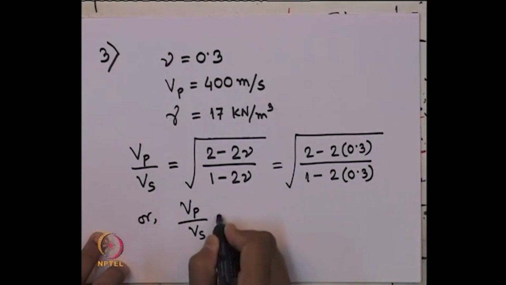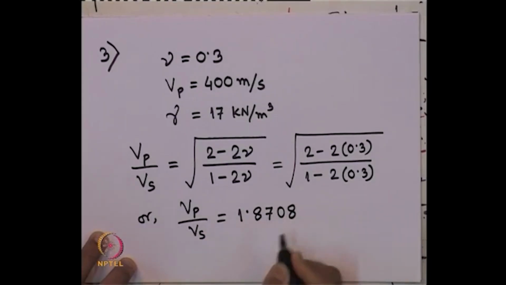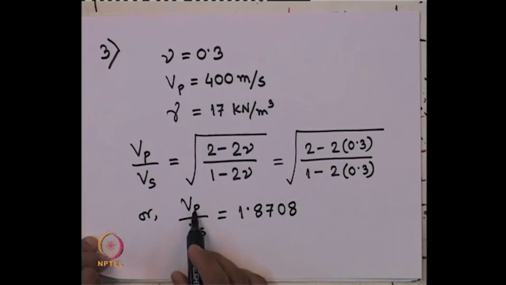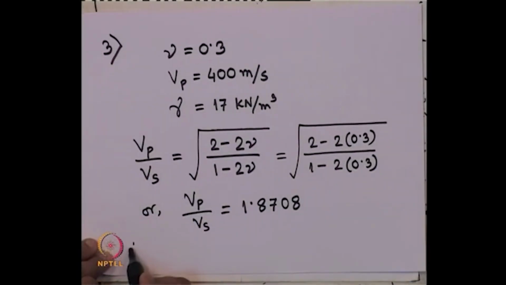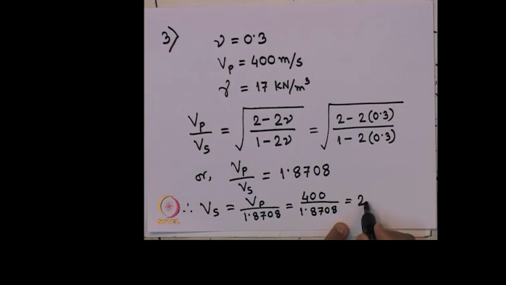So, Vp by Vs is coming out to be 1.8708. Now, Vp is given to us. So, we can automatically obtain Vs equals Vp by 1.8708, which is 400 by 1.8708, which gives us the value as 213.81 meter per second.